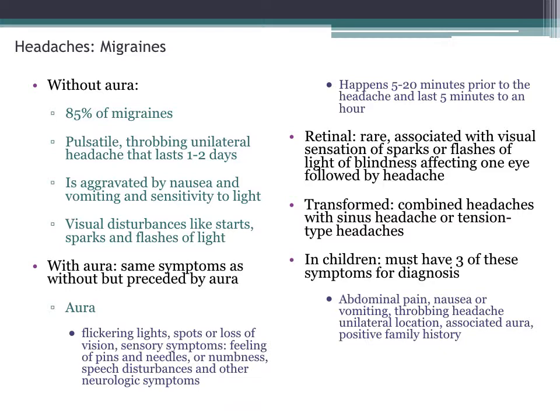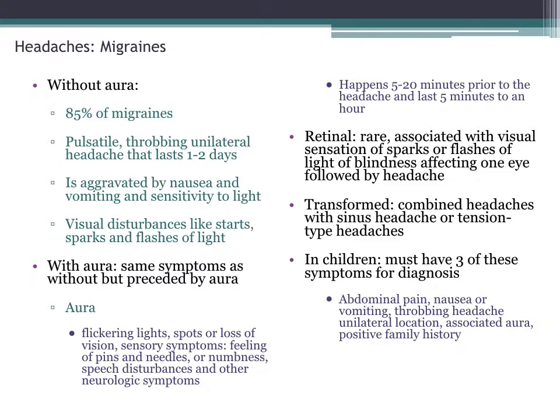And the ones with aura have the same symptoms, except they know when they're going to get the headache because they get sort of this warning ahead of time. And the warning ahead of time can be that all of a sudden, visually, they see flickering lights or spots, or they may have a blind spot, or they may have blindness on one side of their eyes.